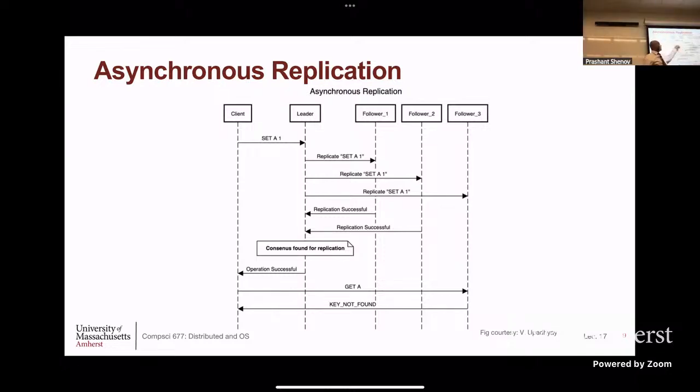You could have sent it right after the write was received or right after the write was sent to all of the followers. Depending on what type of asynchronous replication is being implemented, you will get an acknowledgement well before the entire operation has finished. Okay? From a client's perspective, it is faster, okay? But it's not going to give you consistency if there are crashes. If there are no crashes, everything is good. You will still complete the write in the background. Is that clear? Yes, question.